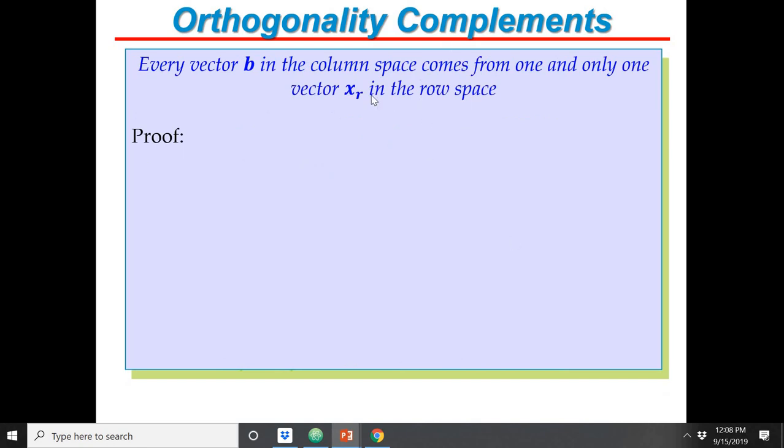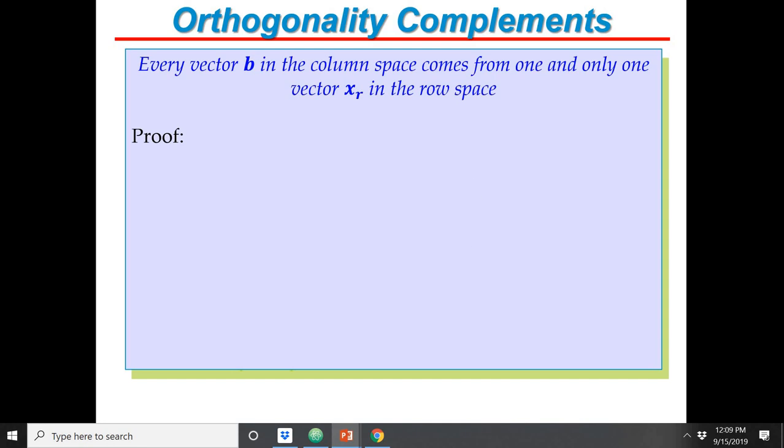So here is something extremely important, set here as a theorem. If I take any vector in the column space, this vector comes from a unique vector xr in the row space.